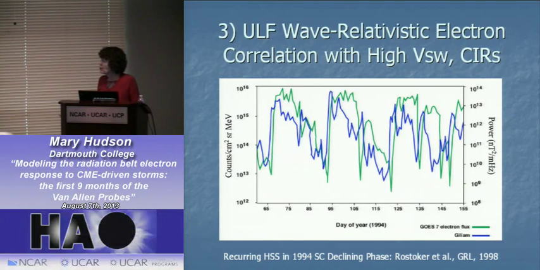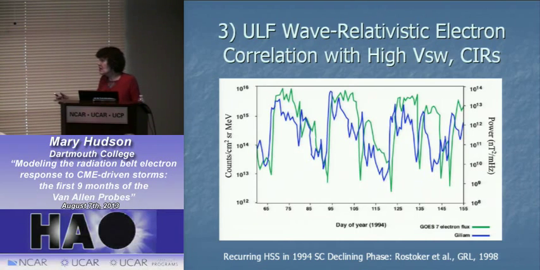This was back during the declining phase from solar maximum during the first solar cycle of SAMPEX. This is comparing the flux at geosynchronous with the ground magnetometer measurements of ULF waves. And so you see that the ULF wave power increases with about a couple of days lead time on the rise in the relativistic electron fluxes at geo.